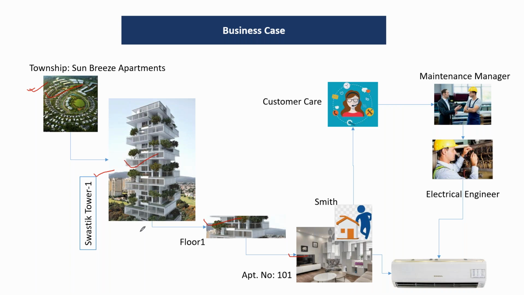Further, let's say a further cost is involved. For example, the electrical engineer visits the place and finds that some circuit is burned out and has to be replaced. This means some cost is involved, so with reference to the notification, he can create a maintenance order, and the maintenance order will be taken further for processing.